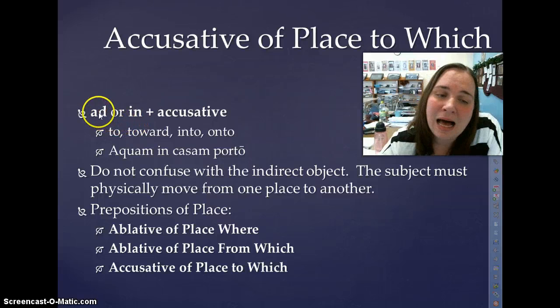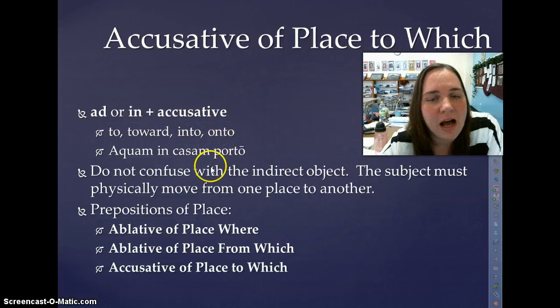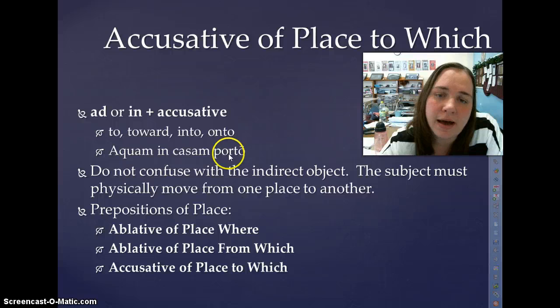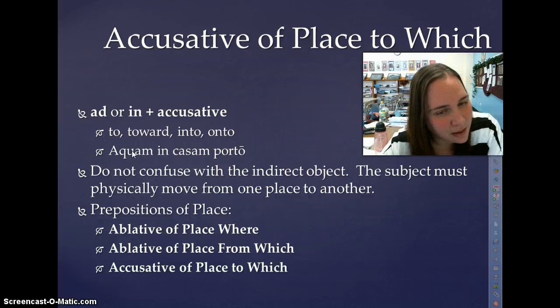When you use ad, it translates as to or toward. When you use in, it translates as into or onto. Okay, so a very quick example of a sentence like this would be aquam in casam porto. Porto, I carry. Aquam, our direct object, accusative direct object, water; in casam, into the house.